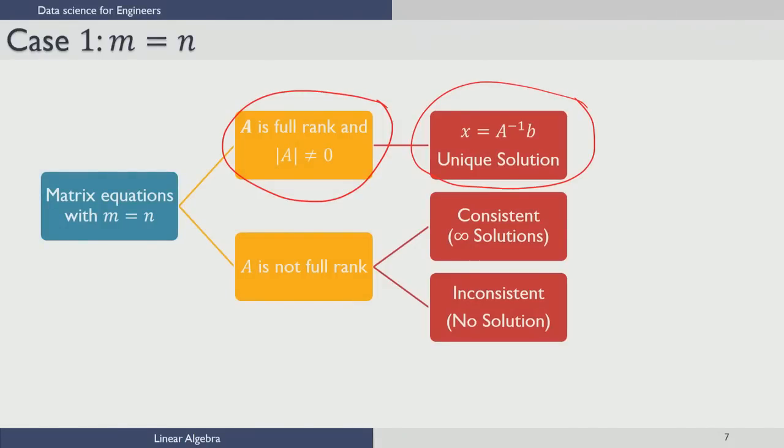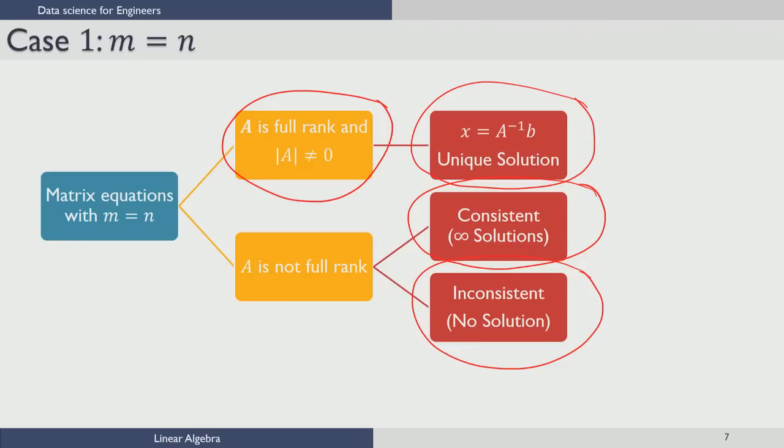One situation is what we are going to call a consistent situation. I will explain this through an example in later slides. When you have a consistent situation, then you will have infinite number of solutions. There could be many solutions for A x equal to b, and in the case where the system of equations becomes inconsistent, there will be no solution to this problem.